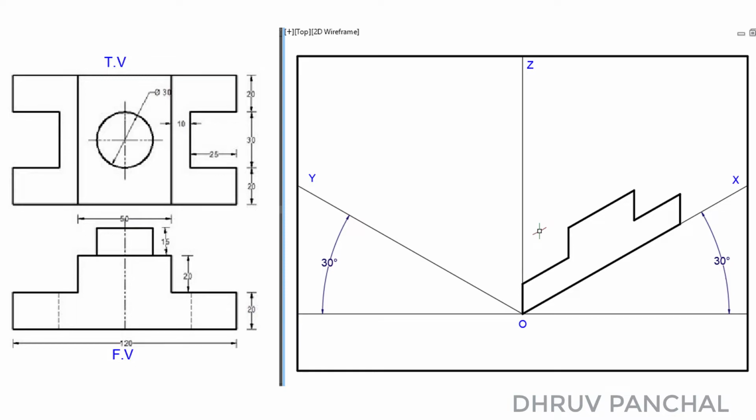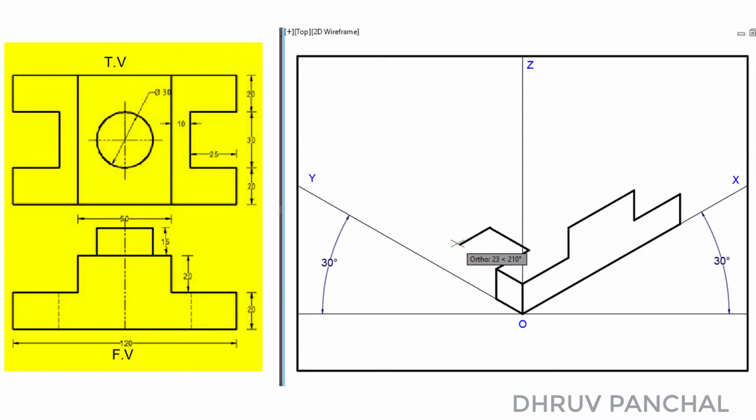Now, again observe the front view and top view of the given object, and with the help of a ruler scale, from point O, draw a line of 20 mm, draw a line parallel to line OZ of 20 mm, draw a line parallel to line OY of 20 mm, draw a line parallel to line OX of 25 mm, draw a line parallel to line OY of 30 mm, draw a line parallel to line OX of 25 mm, draw a line parallel to line OZ of 20 mm, draw a line parallel to line OY of 20 mm, draw a line parallel to line OZ of 20 mm, draw a line parallel to line OY of 20 mm, draw a line parallel to line OX of 25 mm, draw a line parallel to line OY of 30 mm, and remove the unnecessary lines as per the requirement.